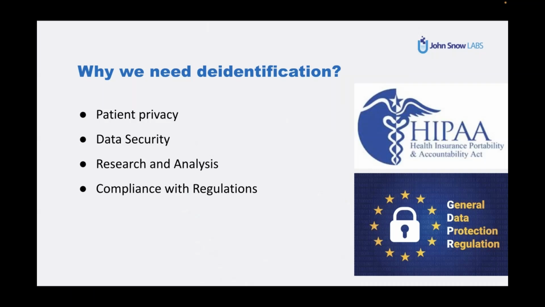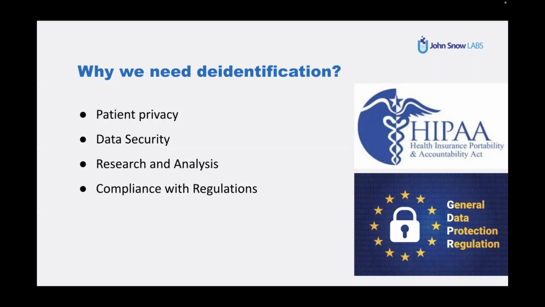Why do we need de-identification? It is a super crucial task because of patient privacy, and for several other reasons actually. Patient privacy is an ethical and legal obligation, right? So we cannot use the patient information openly. We cannot make it open source, or share their data, right?